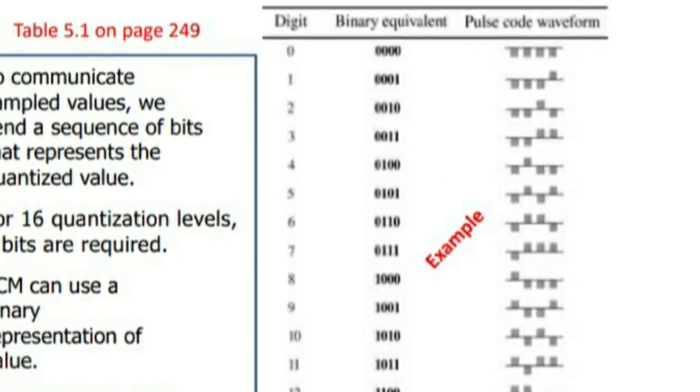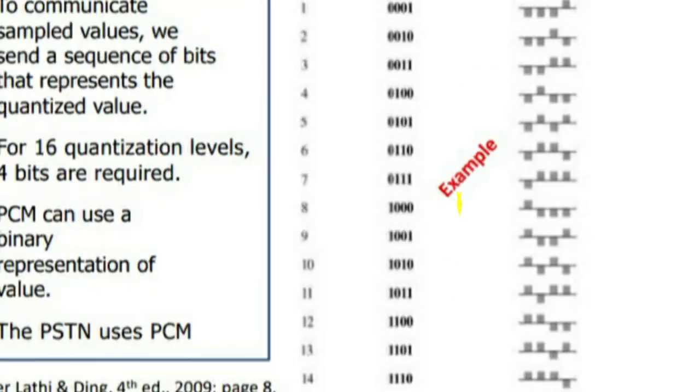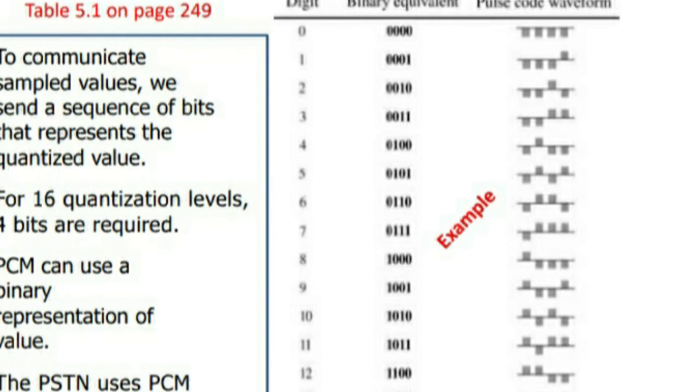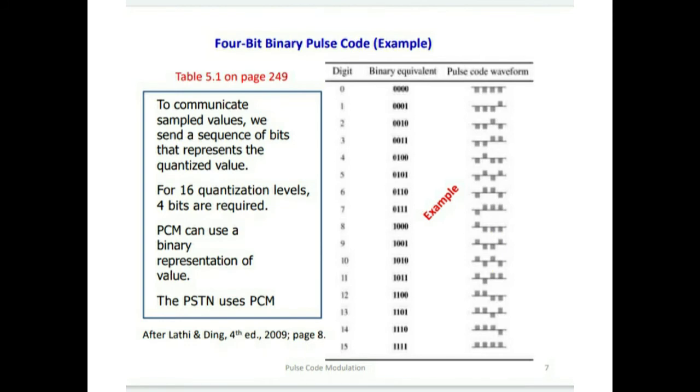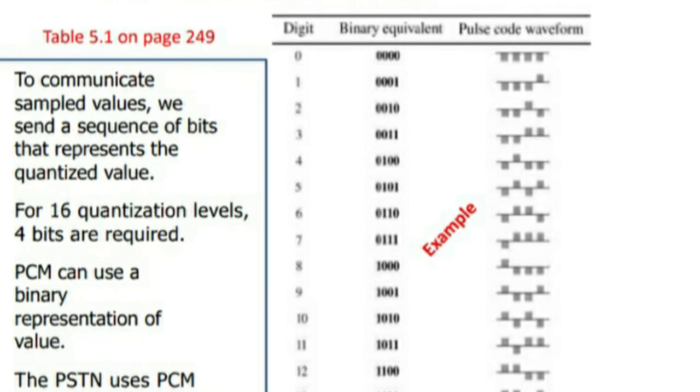If you observe, in this binary equivalence of the 16 levels, the first bit will tell you whether it belongs to the positive half or the negative half of the signal. This is the positive half, this is the negative half. The first bit indicates whether the signal belongs to the positive or negative half.